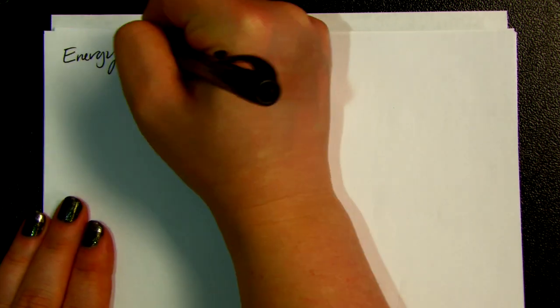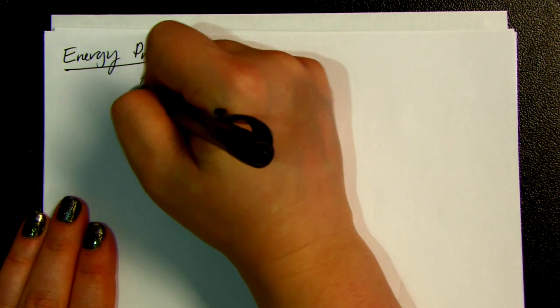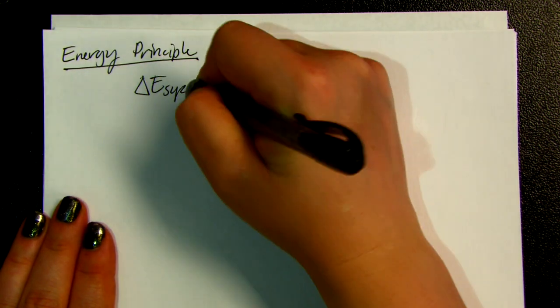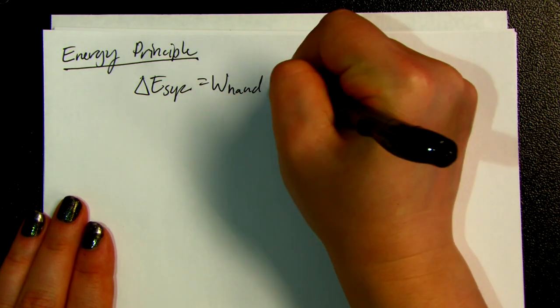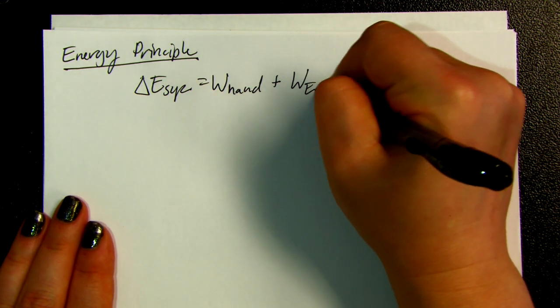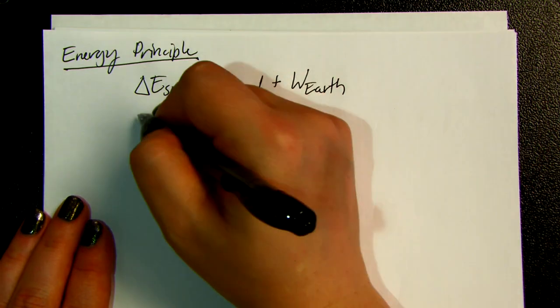So moving on to the energy principle. So the change in energy of the system is equal to the work from the hand plus the work done on it by the earth. Both of these are acting over a non-zero displacement.